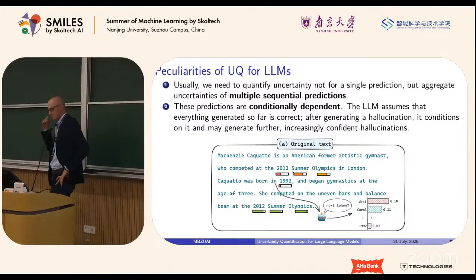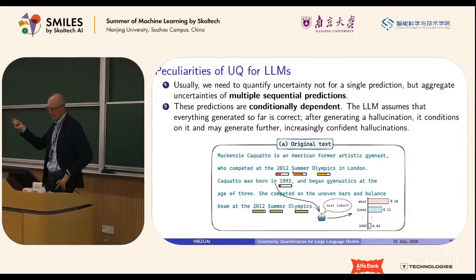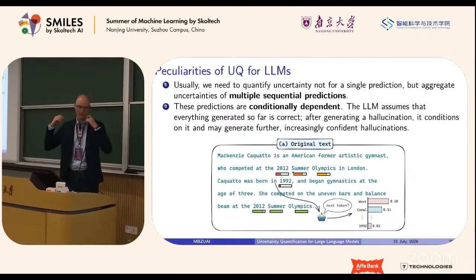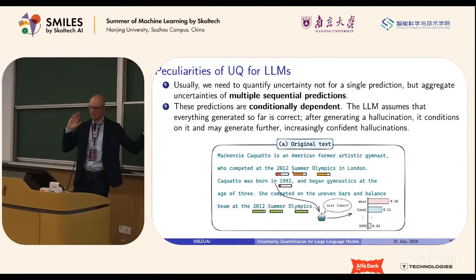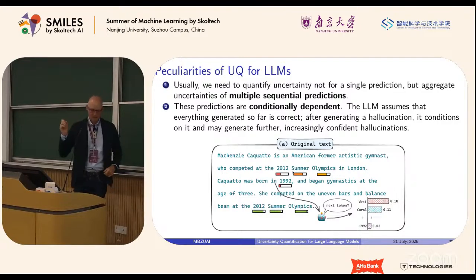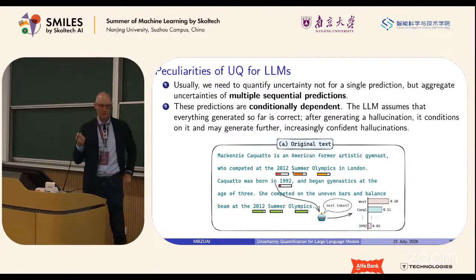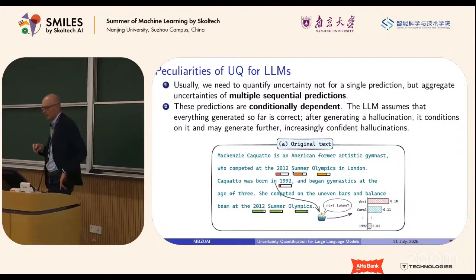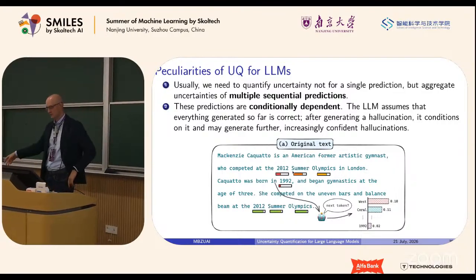So the model basically assumes that everything it sees on the left of its context is correct. That means if the model generates a hallucination at some point, it will condition on this hallucination and continue with even more hallucinations.